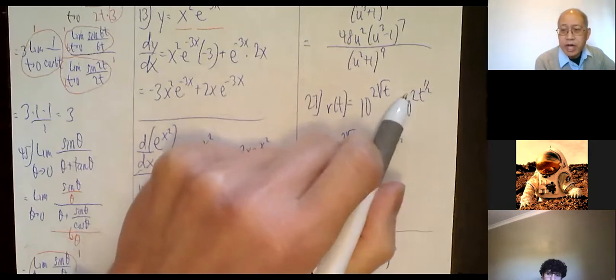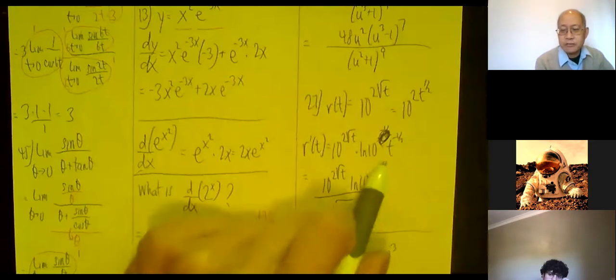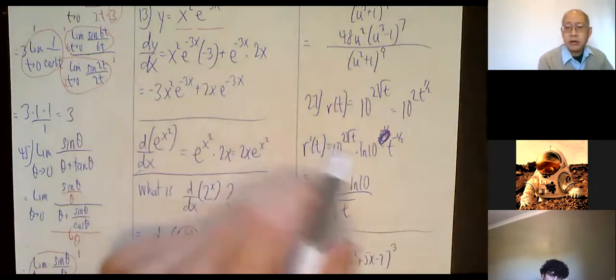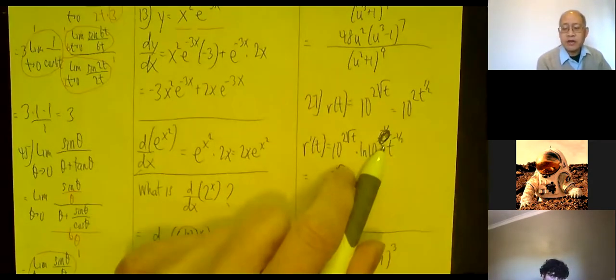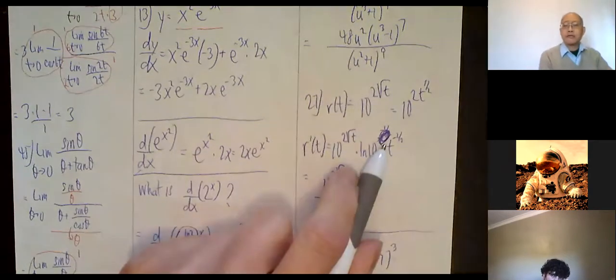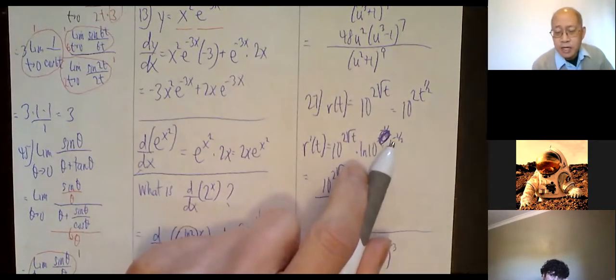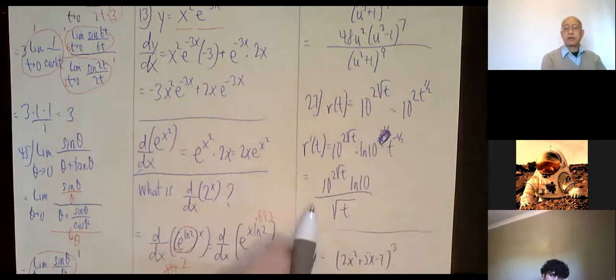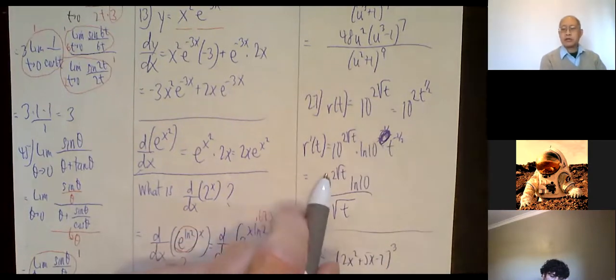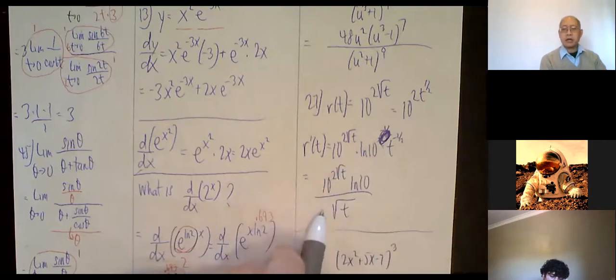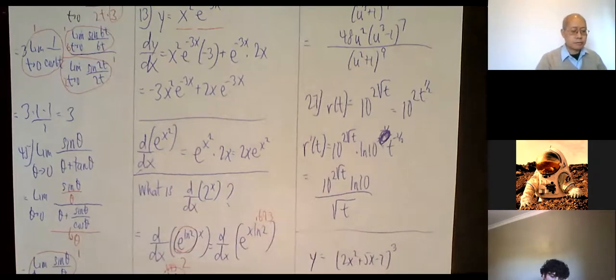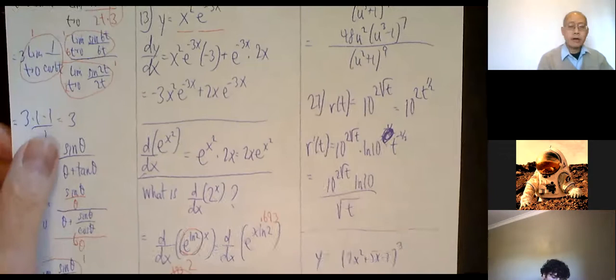Focus only on that. 1/2 times 2 is 1, t to the negative 1/2. All right, so I have t to the negative 1/2, and by rules of algebra, that negative goes in the denominator as a square root. So here's the best final answer. 10 raised to the 2 radical t, ln 10, all over radical t. All right, so that's that.